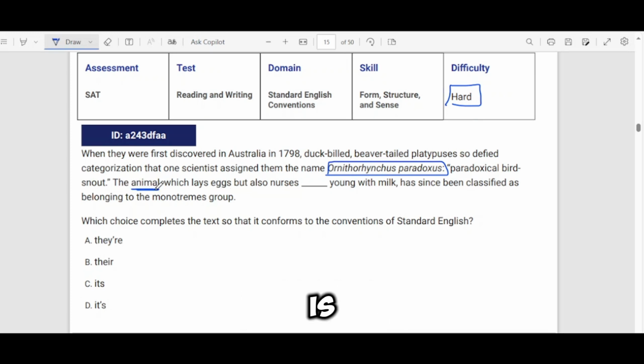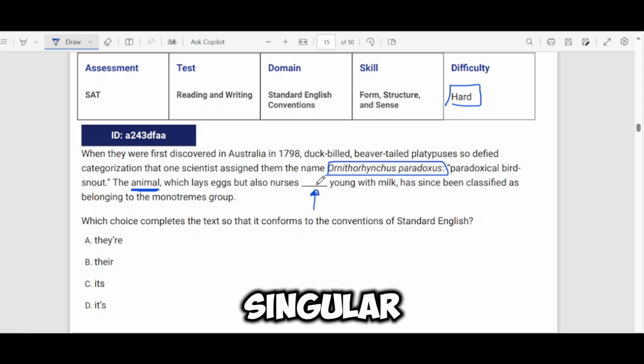Now, animal here shows that we're talking about a singular subject. So let's see. Which lays eggs but also nurses dash young with milk has since been classified as belonging to the monotremes group. So let's match a singular subject with our answer choices. We're expecting a singular one.